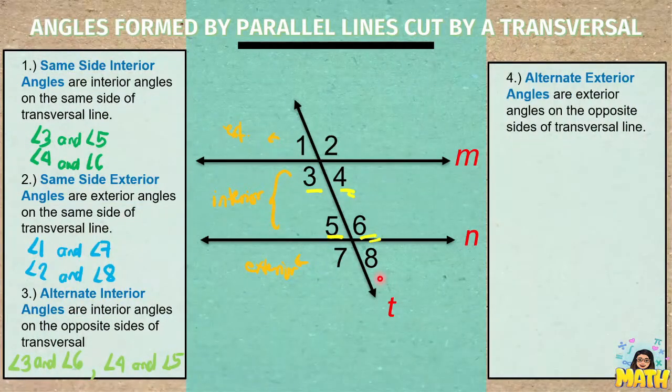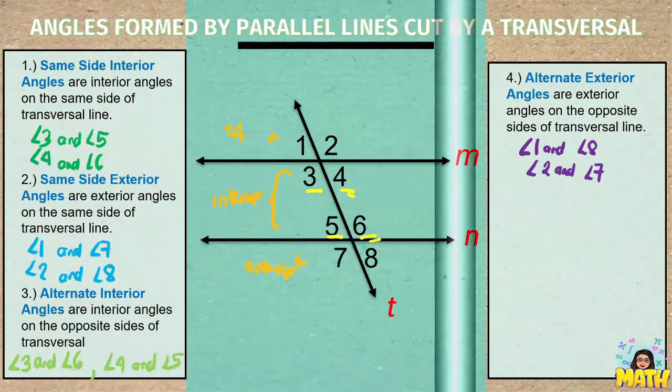Next, we have alternate exterior angles. So again, we just need to be familiar with the words used. Pag sinabing exterior, ito dapat ay nasa labas, at pag sinabing alternate, sila dapat ay nasa magkabilaang side. Just like angle 1 paired with angle 8 and angle 2 paired with angle 7.